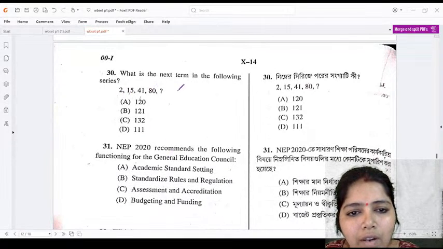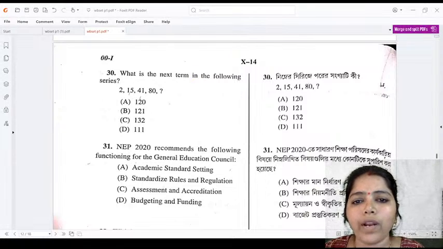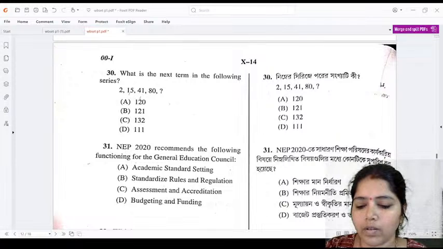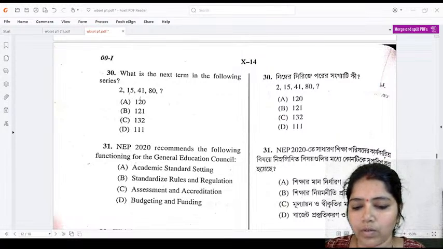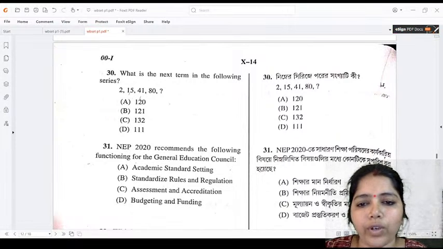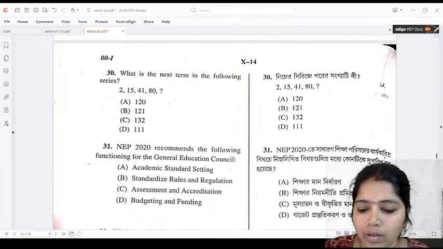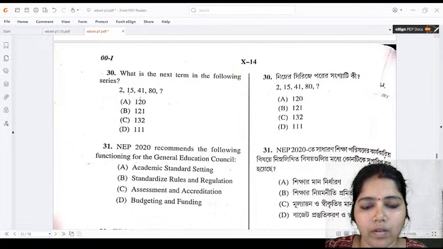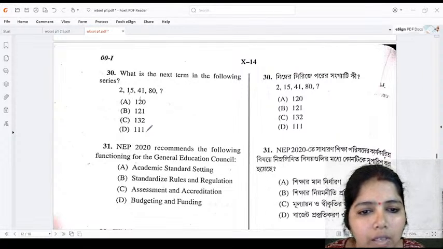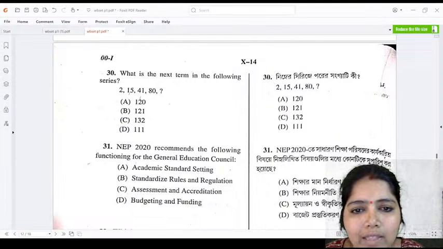2, 15, 41, 80. Here the right answer will be 132.